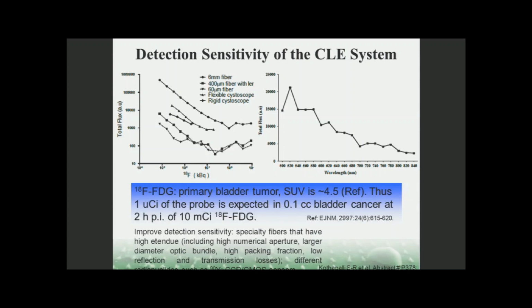F18 is not the radionuclide with the highest Cherenkov photon production, so you can use others such as yttrium-90, although I think yttrium-90 is mainly used for therapy, but rhenium or some other radionuclides potentially have higher photon production yield and can be used. Also, you can explore a higher sensitivity CCD camera.